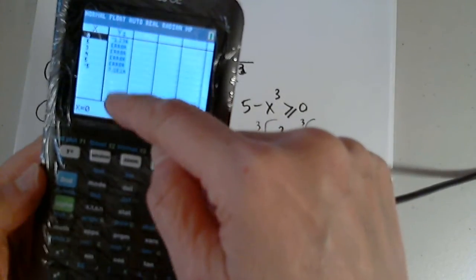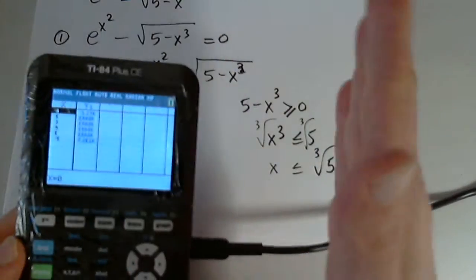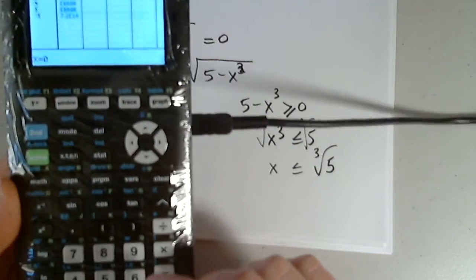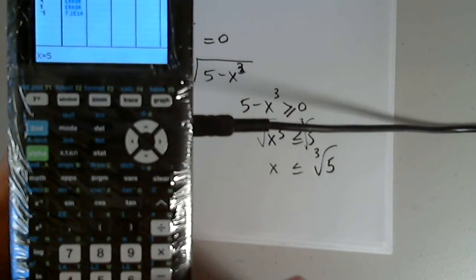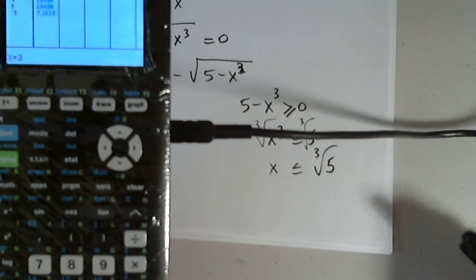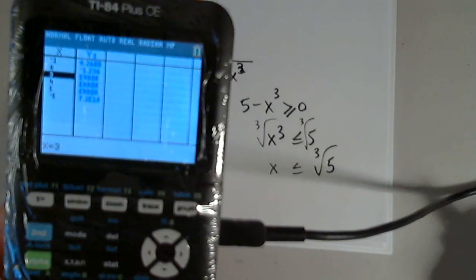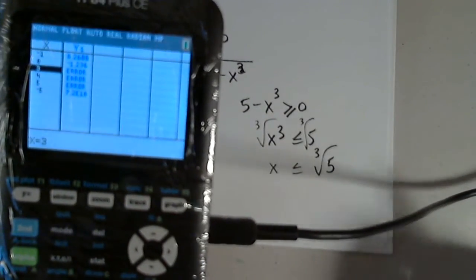And as you see, anything to the right-hand side of the cube root of 5 will be undefined. So I have to stay to the left. So I'm going to put -1, and I'm going to put 0. That's all I need. I'm not going to ask you to determine all possible solutions. I only care about one, any.